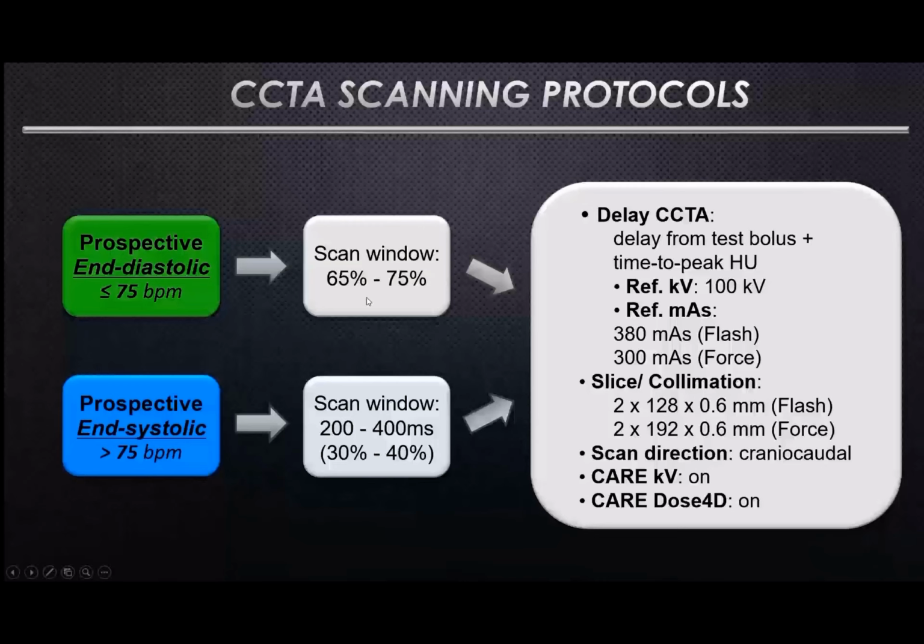In the first case with end diastole, we have a scan window of 65% up to 75%. And in the case of end systolic scanning, we would have a scan window of 200 up to 400 milliseconds. And this would almost be equal to 30 up to 40% of the RR interval.